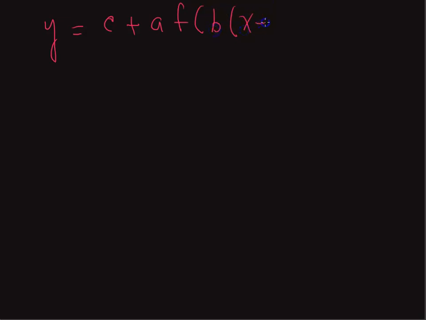And x minus d. Now we're going to put a minus in the form just to emphasize that when you subtract something, you're really moving to the right. So if d is a 2, you're really moving it right 2. If d is a -2, it'd be x plus 2, like what we were doing before.